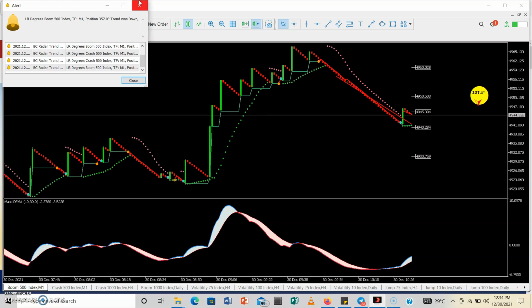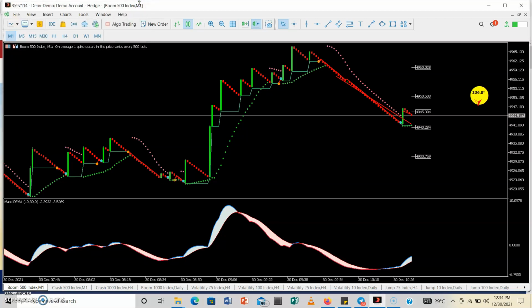So this strategy is quite simple and straightforward. It's based on scalping the current trend, so you can also use this to catch spikes or to scalp the ticks. What we have here are 4 indicators.